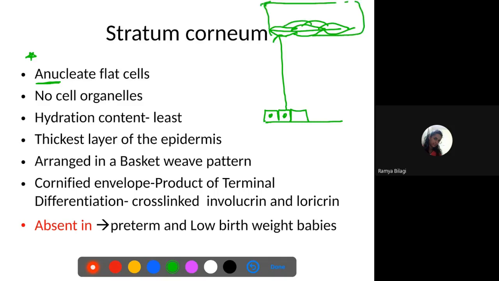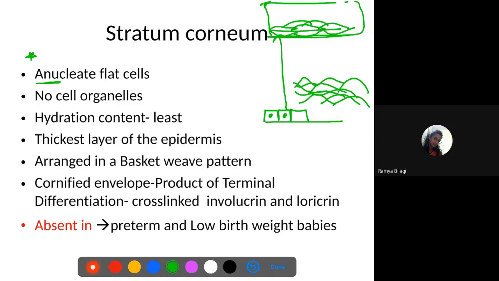Of all the other layers, stratum corneum is the thickest layer, and it is arranged in a basket weave pattern like this. It is arranged in a basket weave pattern to make the layer very rough and tough, because this is the layer which is exposed to the surroundings.